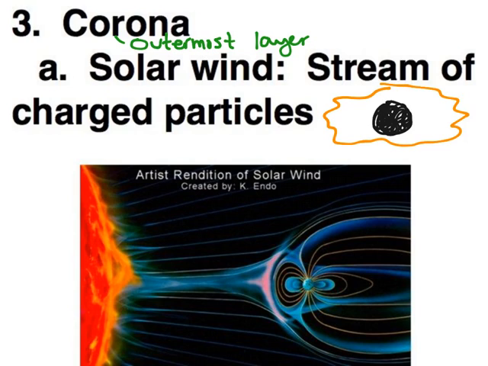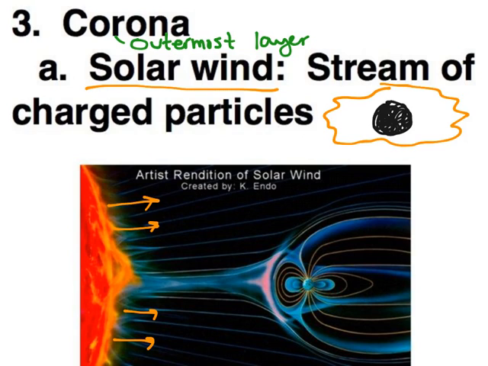That is the corona. And one of the things associated with the corona is the solar wind. This is a stream of charged particles constantly coming from the sun. So that's what's being illustrated here. So, we have the solar flares where it's a sudden outburst, and that's a very strong burst of charged particles. This is much more benign.